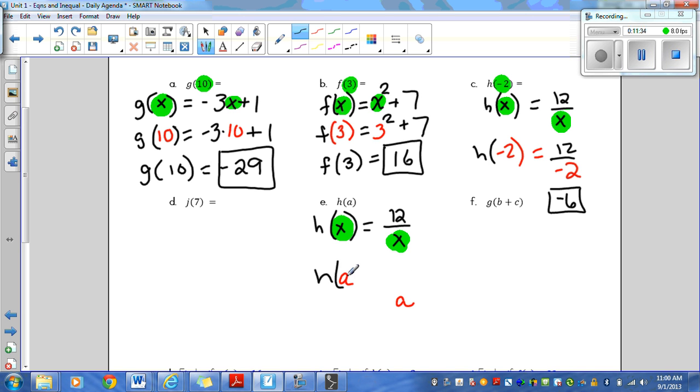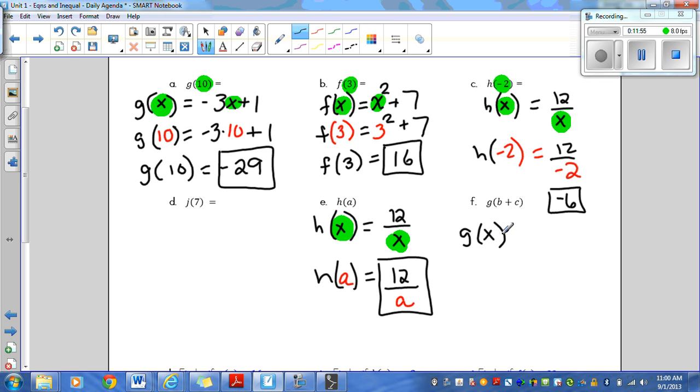So we have h of a is equal to 12 over a. I can't simplify that in any way, so my answer in this case is actually an expression, not a number.